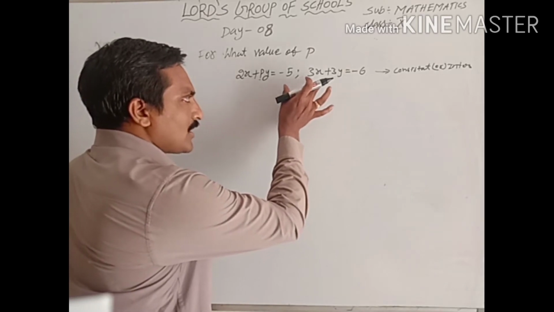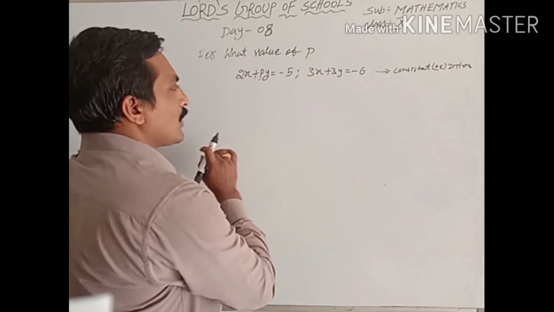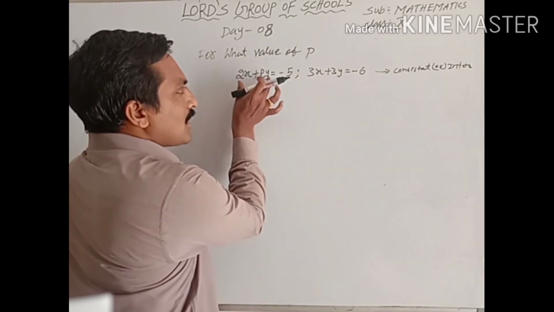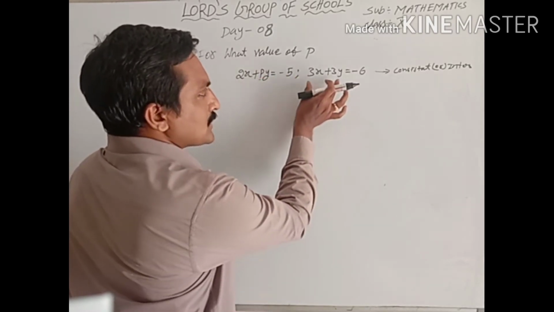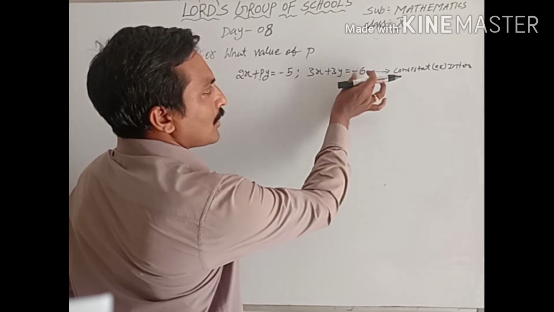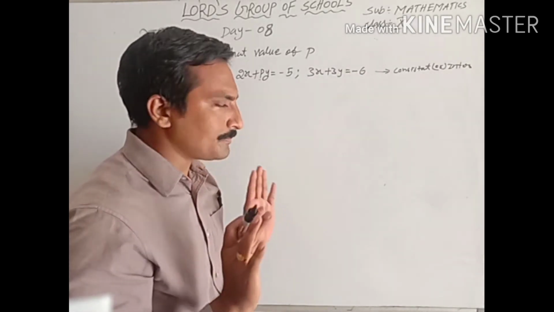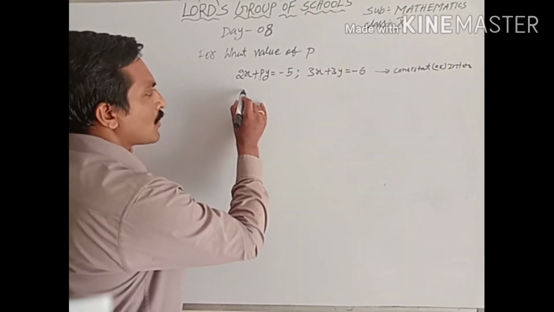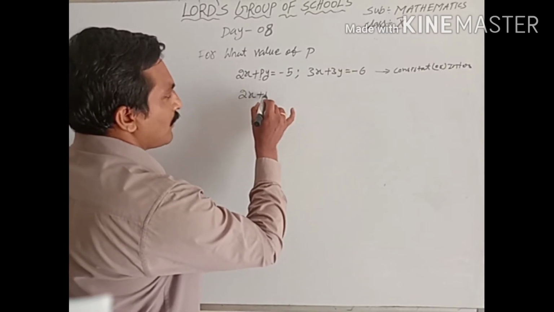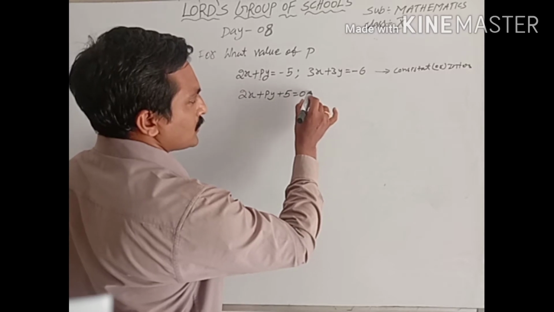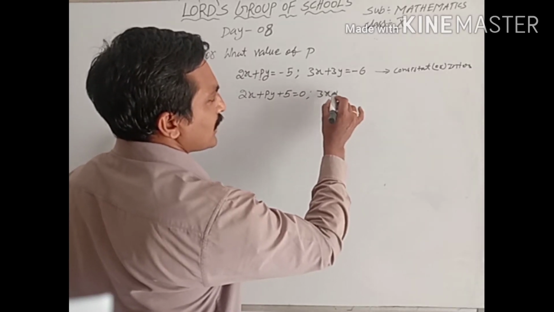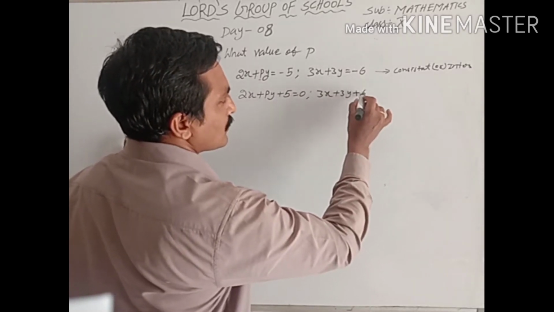First of all, in the given two linear equations, you have to observe that x and y variables are on one side and the constant on one side in the first equation. In the second equation also, variables on one side and constant on one side, that is not a problem. That time, first you have to write 2x plus Py plus 5 is equal to 0, and 3x plus 3y plus 6 is equal to 0.